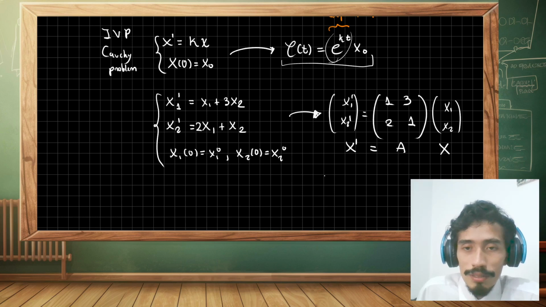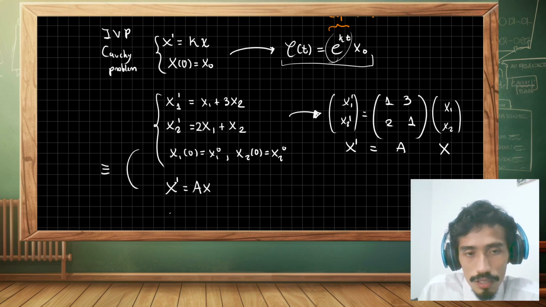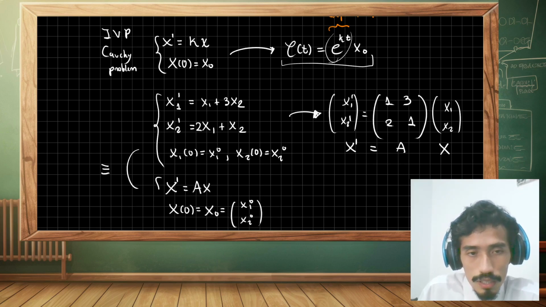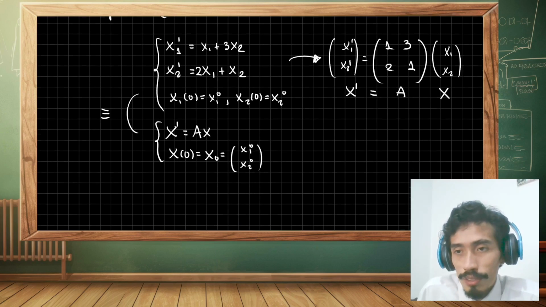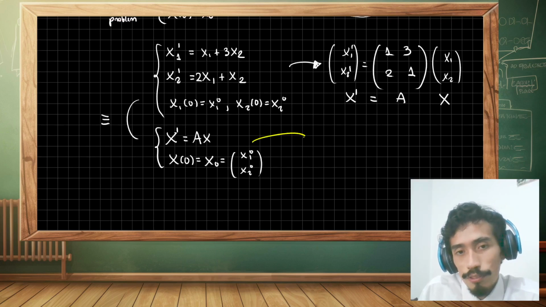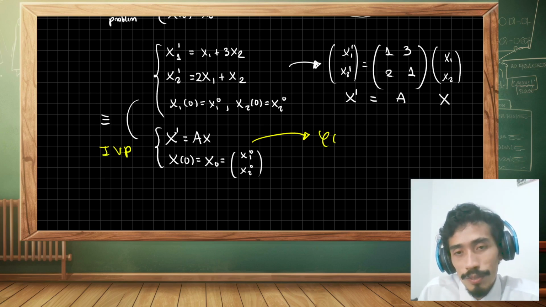So now this is equivalent to this vector. You have now linear differential equations, and just like before, the solution of this initial value problem will be in terms of the exponential.